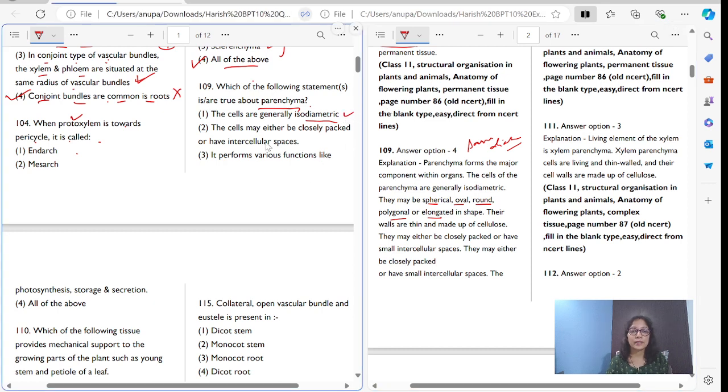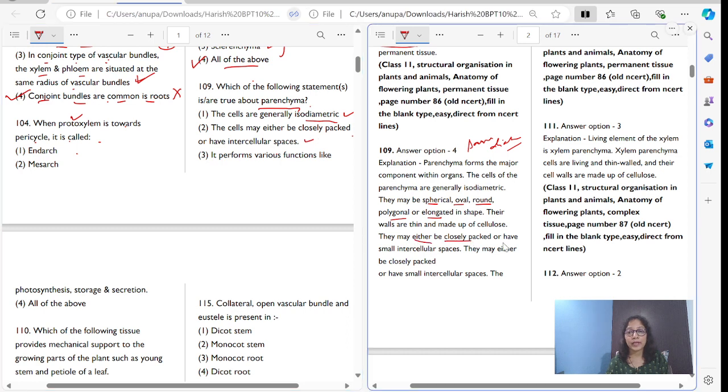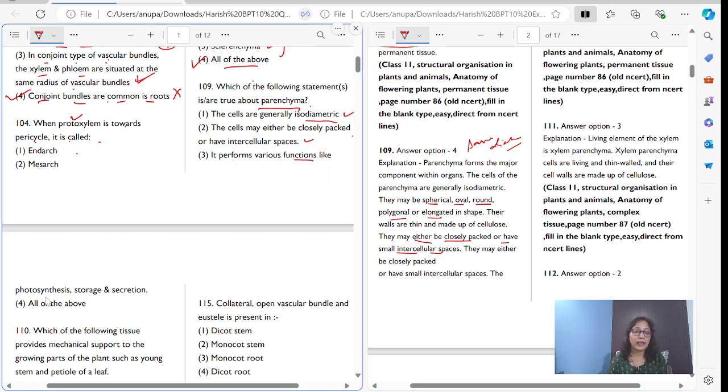The next statement is the cells may either be closely packed or have intercellular spaces. This is also right. The cells of parenchyma may either be closely packed or may have some small intercellular spaces. The next is it performs various functions like photosynthesis, storage, secretion.